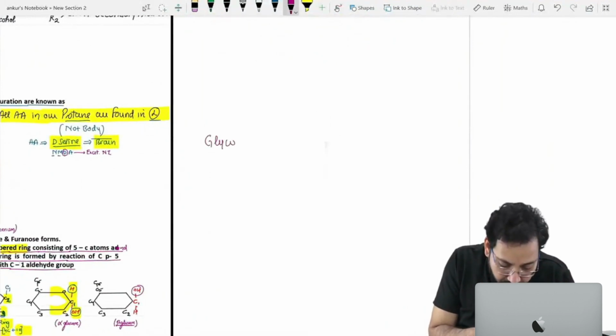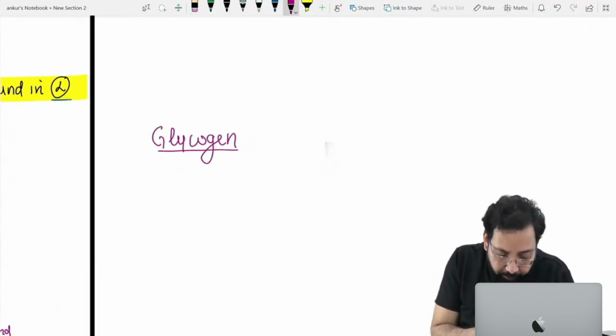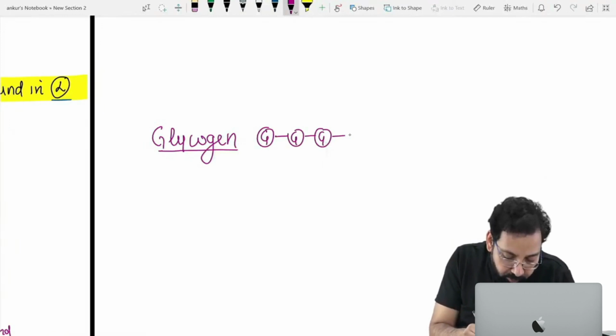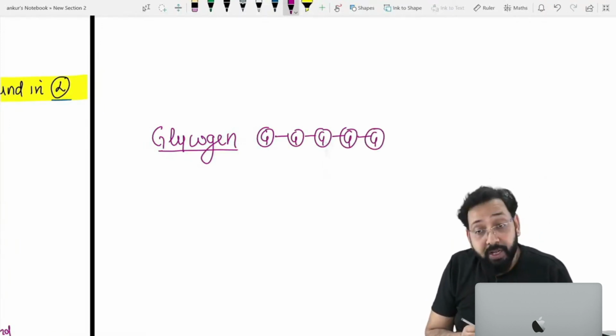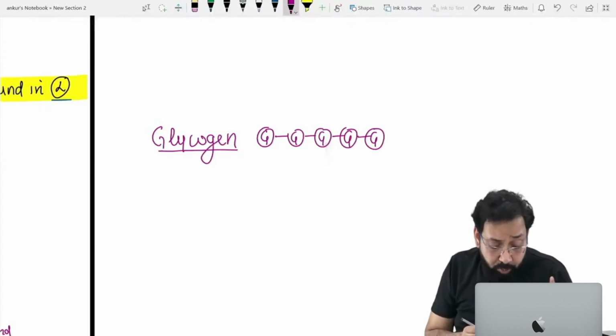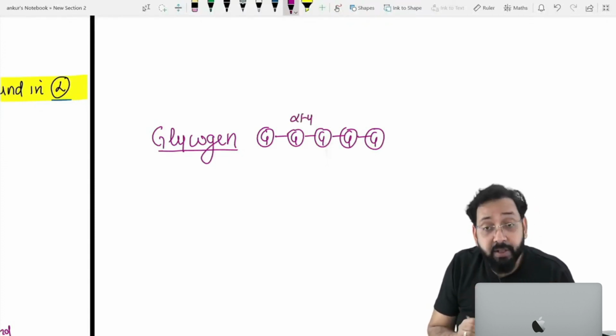Glycogen is a polysaccharide made up of so many glucose molecules, and these glucose are joined by alpha 1,4 linkages. Which linkages?